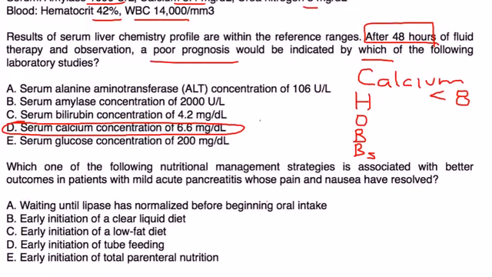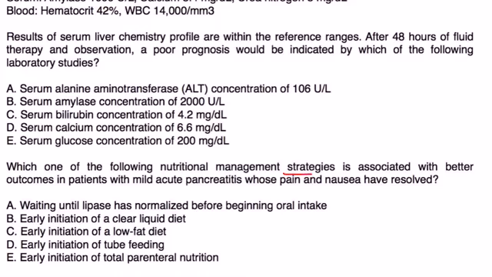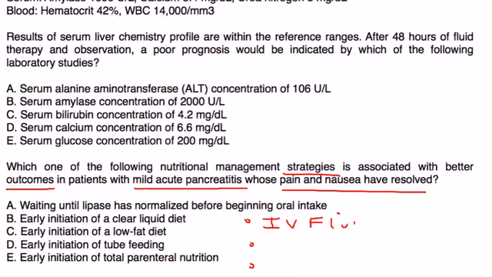Next question. Which of the following nutritional management strategies is associated with better outcomes in patients with mild acute pancreatitis whose pain and nausea have resolved? Well, remember, the cornerstone of the treatment of acute pancreatitis when the patient initially presents is IV fluids, placing the patient NPO, don't give any food by mouth, and finally pain medications to help with the severe abdominal pain.